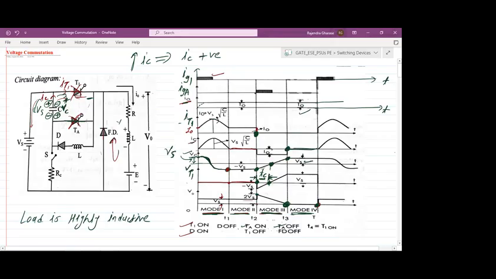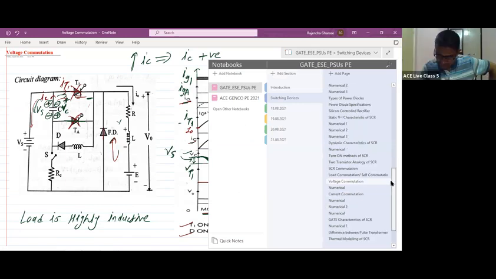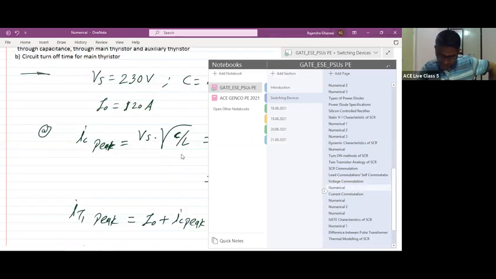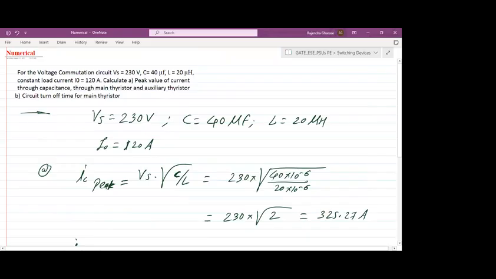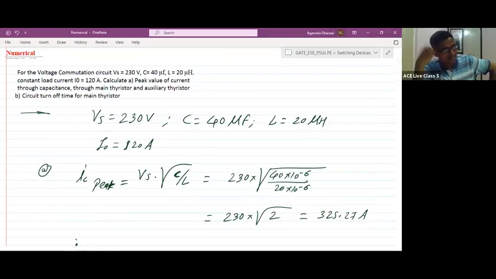Suppose in the last problem, the constant load current is given as 350 amps. At that time, is the capacitor peak current 350 amperes, or Vs into root C by L, sir? No. Please repeat.